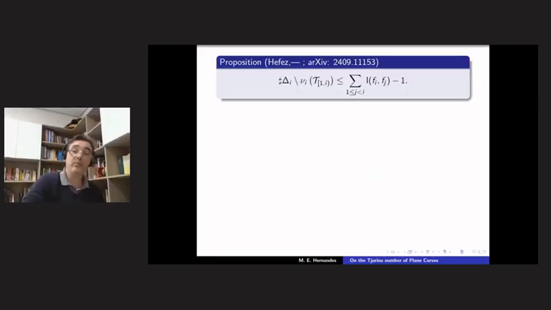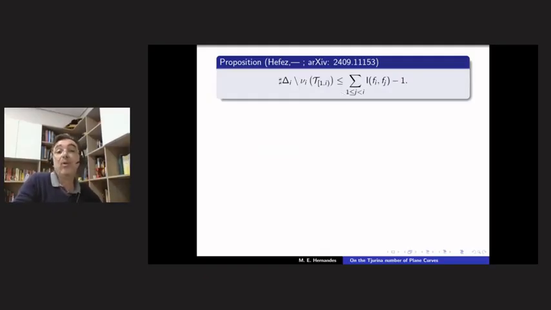And we can prove precisely this inequality. So we have this proposition. The cardinality of delta i is precisely the value set of the elements in the Jacobian ideal when we project in the i component, minus the value set of the elements in the Jacobian ideal that vanish in the components f1, f2, until f_{i-1}, is less than or equal to this intersection multiplicity.